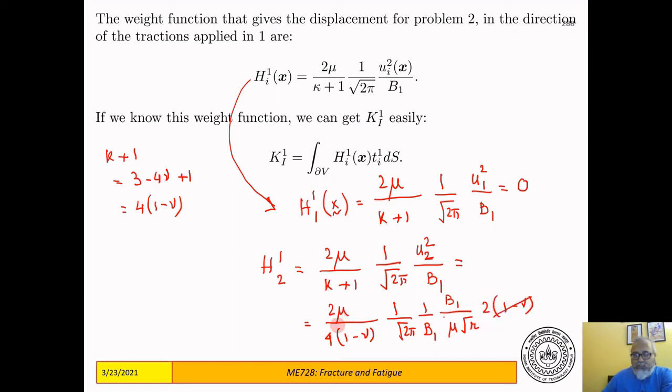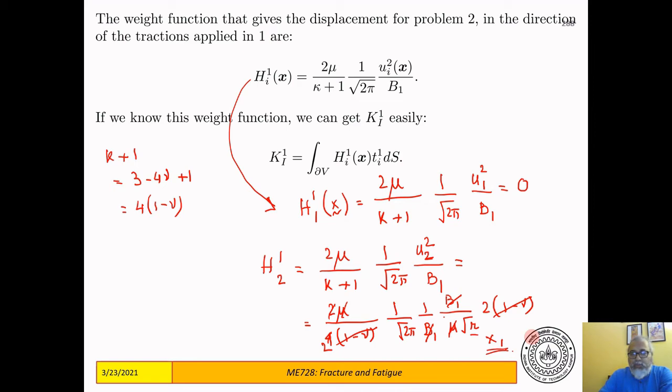Things cancel out: the mu cancels out, b1 cancels out, and this becomes 2, the root r remains, and finally the root r on theta equal to plus minus pi is simply x1.